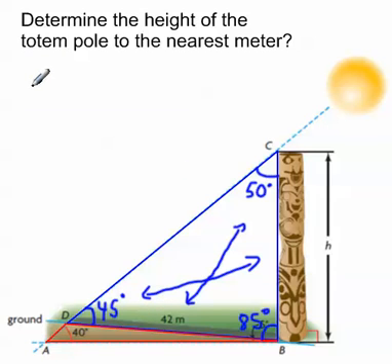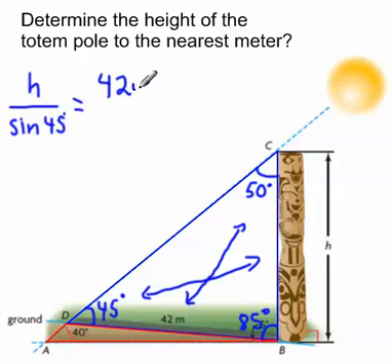Because I'm trying to find the side, I would put h over the sine of the angle that it's opposite from, so that would be 45 degrees. And that is equal to the side that I know, which is 42 meters, divided by the sine of the angle across from it, which is 50 degrees.